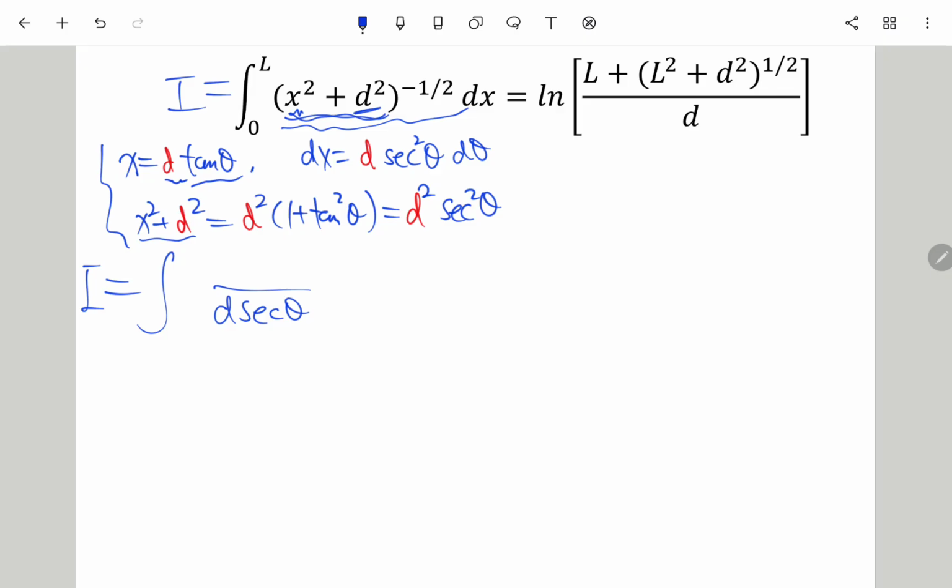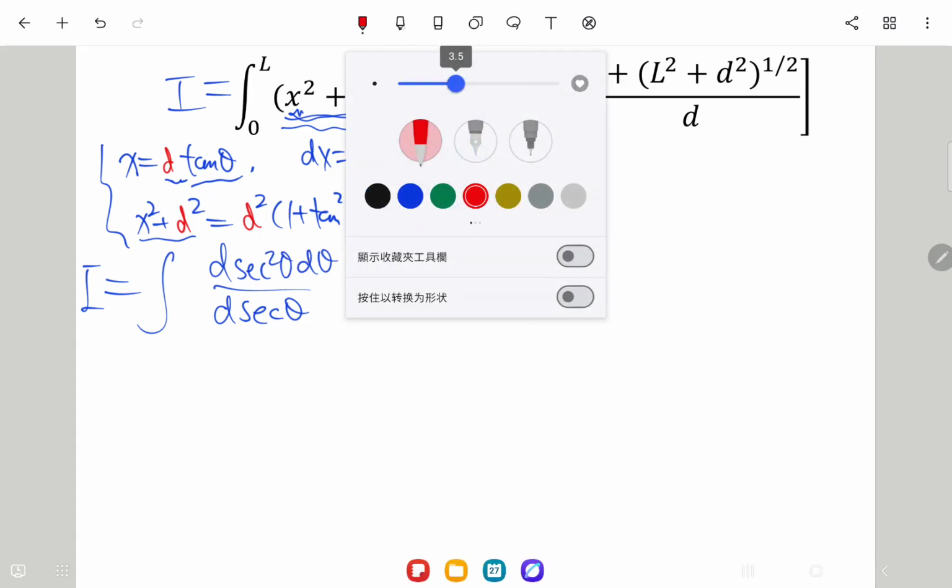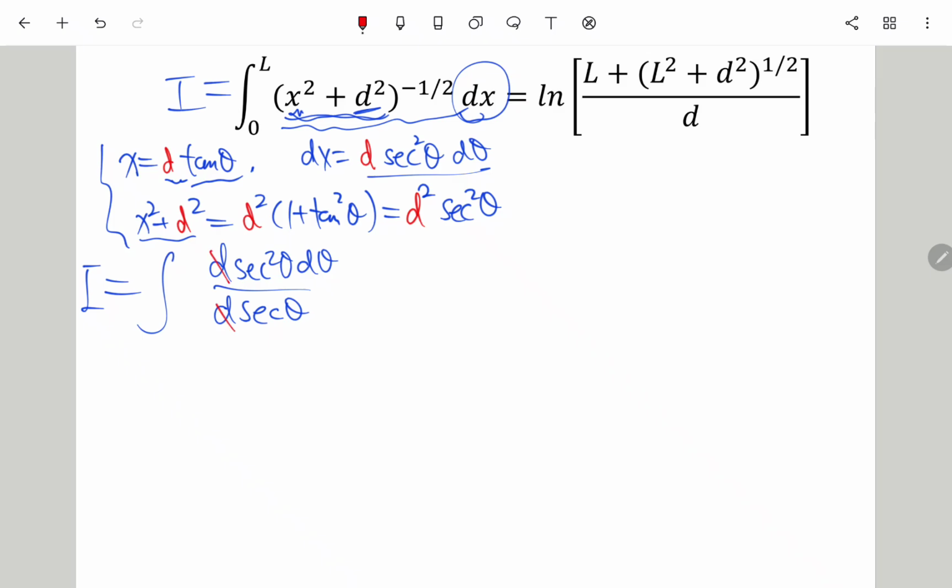And for dx we have d secant squared theta d theta. We can cancel many things: this d with this d, and the square. We are only left with secant theta d theta.